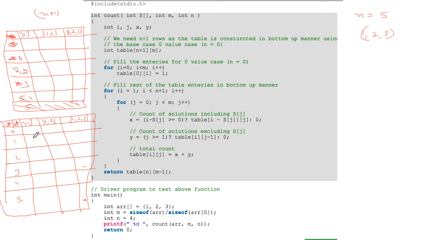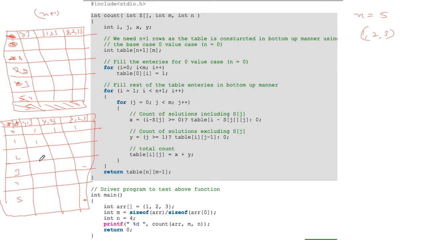Now what will be over here? 0? Can I fill these entries? How can I create 0? There is only one solution here. How can I create 1 with only 1?